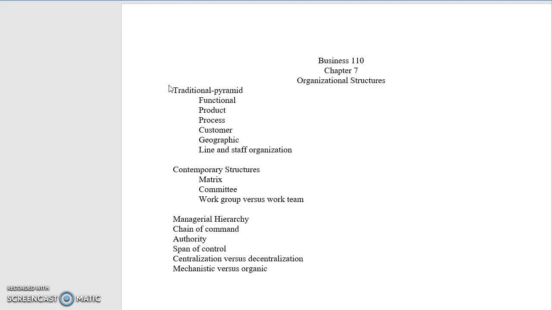So you might have drilling, you might have refining, you might have transporting the oil. So it's the process, it's the drilling and the refining and the transportation that would be the way you organize your company. Another way is by the customer, the end user.